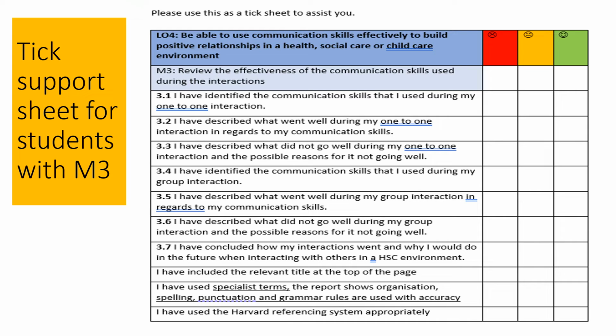And again, you do that for the group, so you do one-to-one and then you do group, looking at concluding how your interactions went, and also what you would do in the future if you had to carry out another one-to-one and a group communication. So this support sheet is really effective in making sure you've included all the relevant content.